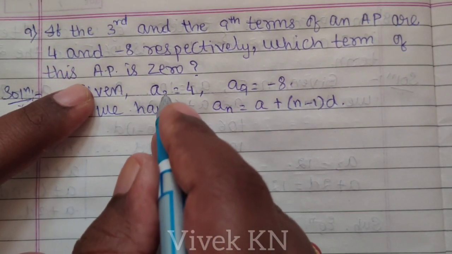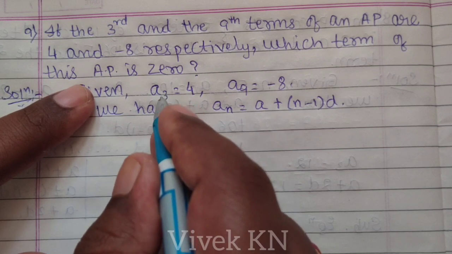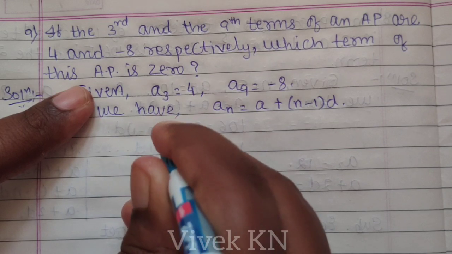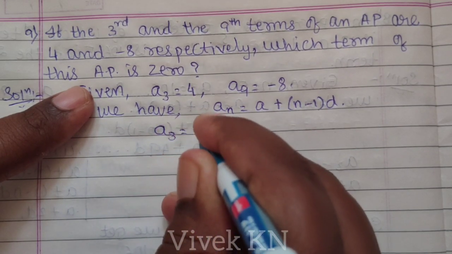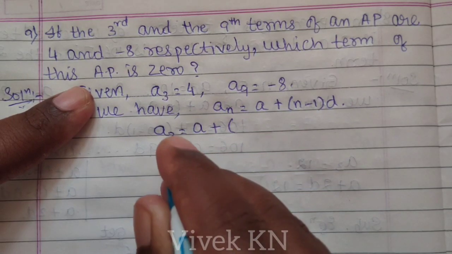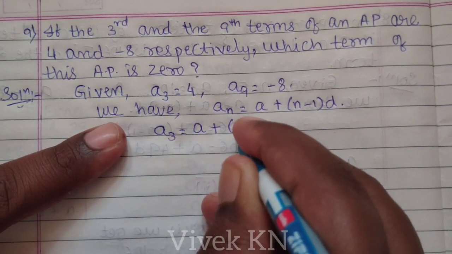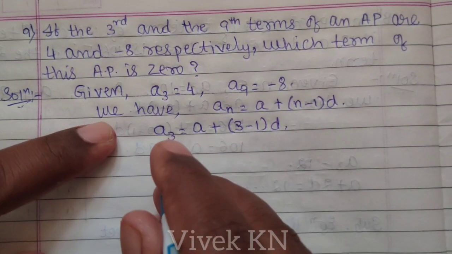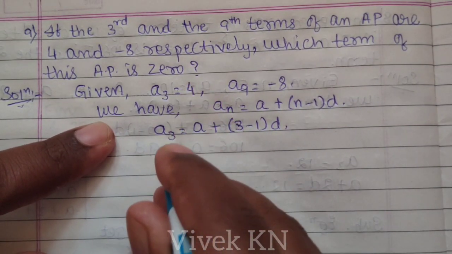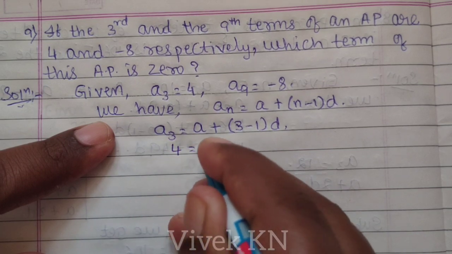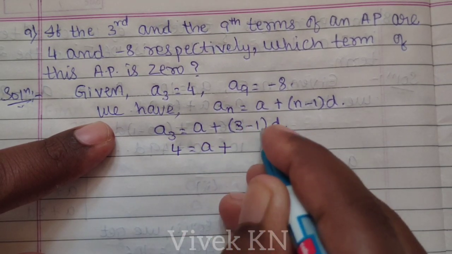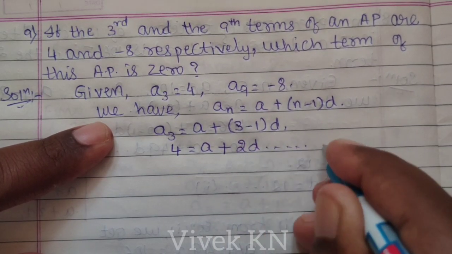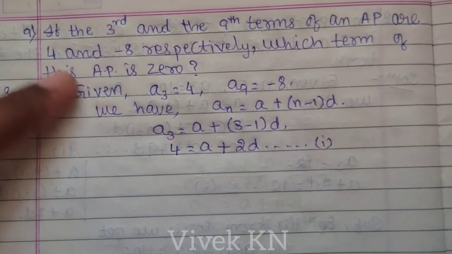First, substituting the value of n is equal to 3 in this formula, that is a3 is equal to a plus value of n is 3, that is 3 minus 1 into d. Value of a3 is 4. 4 is equal to a plus 3 minus 1 is 2 into d. This is equation 1.